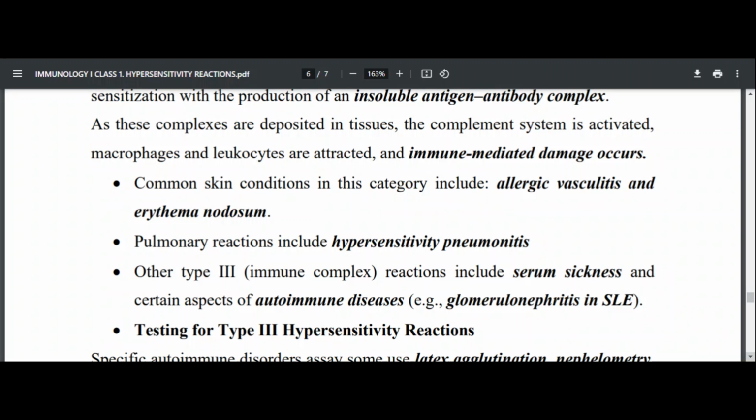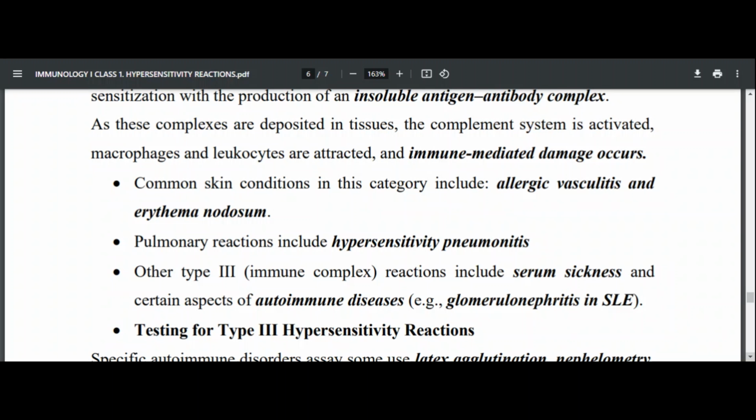It is actually type 3, even though sometimes it can also involve type 2, but most commonly systemic lupus erythematosus involves type 3 because there are very many soluble antigens that are going to bind with the autoantibodies, and then there's going to be deposition of insoluble complex in the glomerulus of the kidney, which leads to glomerulonephritis in systemic lupus.